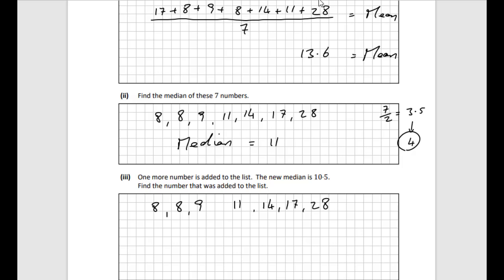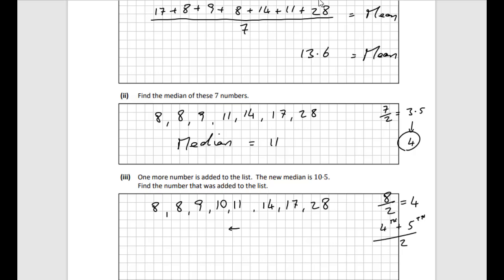We now want a median of 10.5, which is going to bring us down this way a little bit. So we would really just need to put in a 10 there, because we would now have an even number of numbers, 8 numbers. Divide that by 2 will give you 4. So you take the 4th and the 5th number and divide by 2.